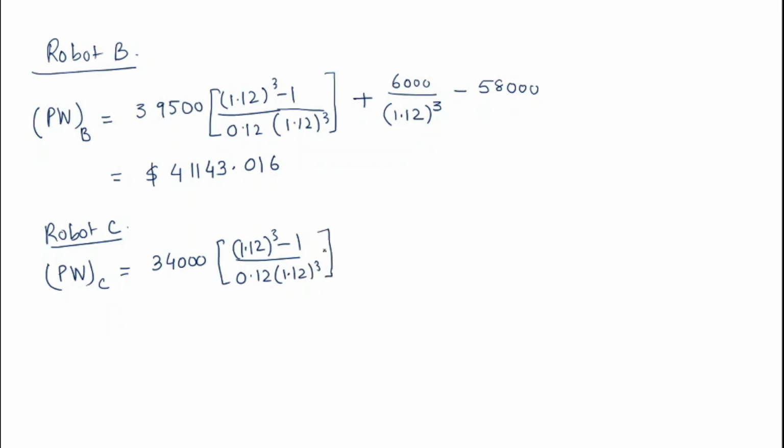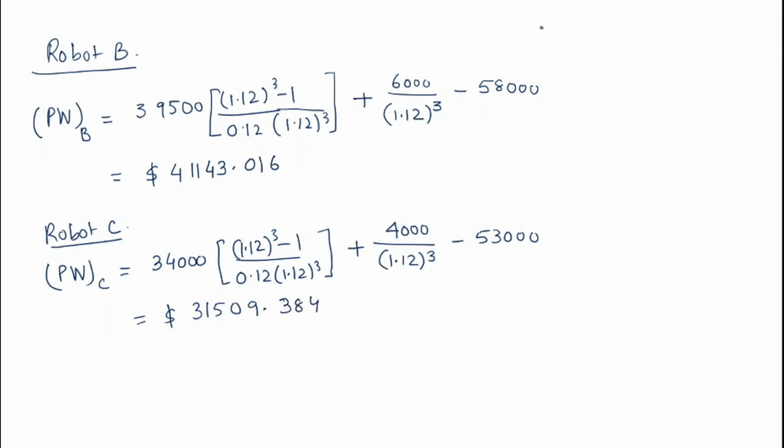Conversion of annuities to the present point of time. Then the salvage value, treating this to be the future worth and converting it to the present point of time, and again subtracting the first cost. If I compute this, it comes out to be $31509.384.